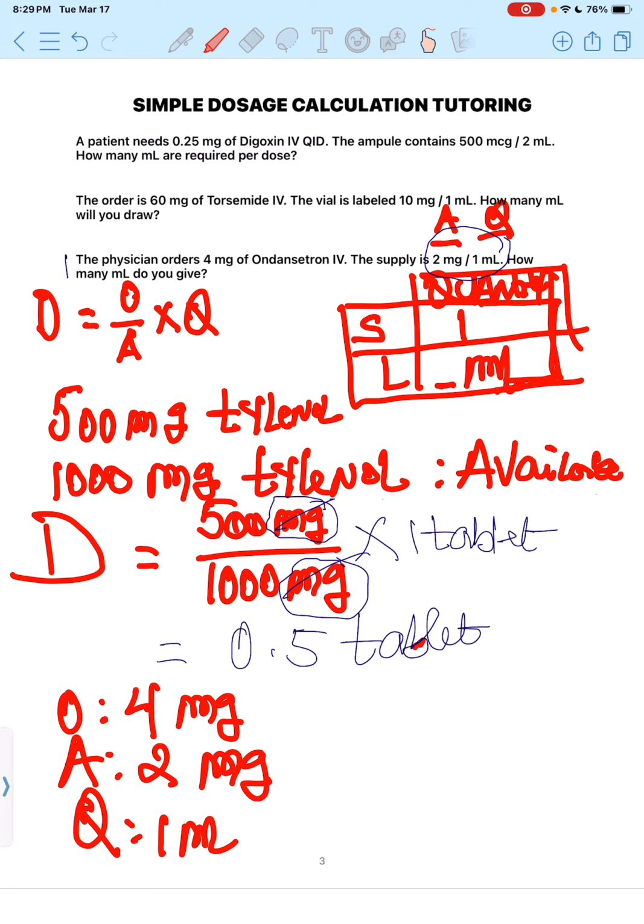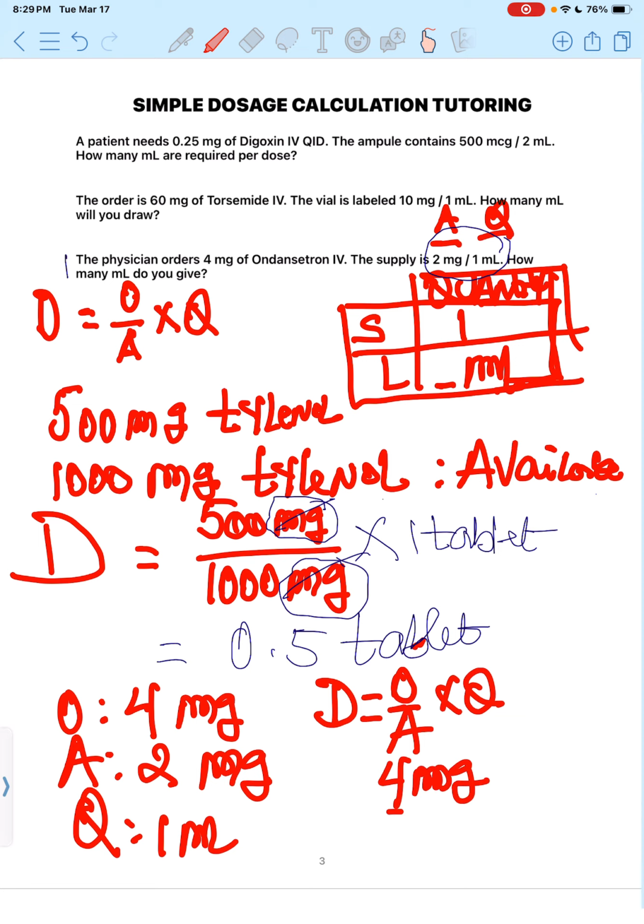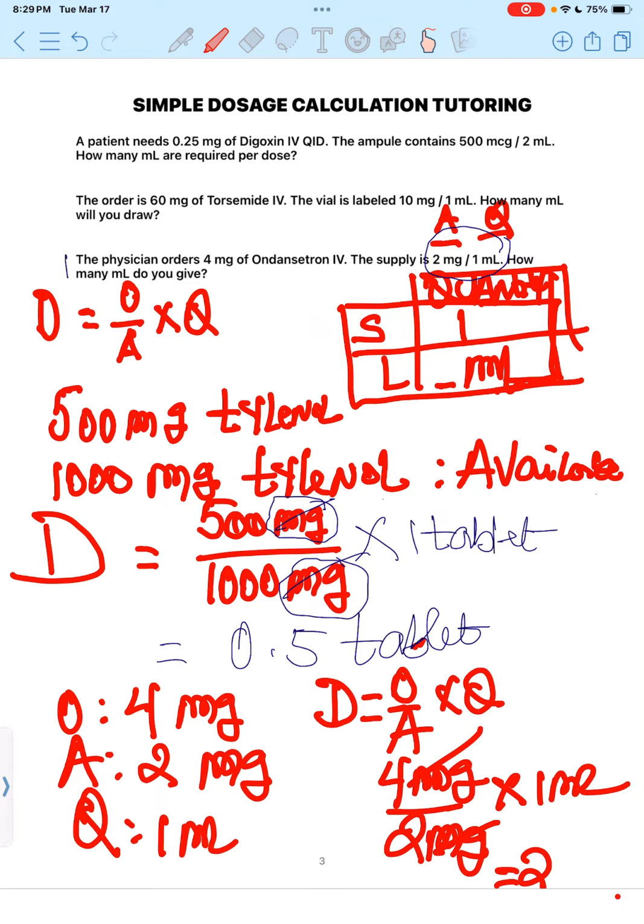So based on what we learned, your order divided by available times quantity. So we're going to do 4 milligram over 2 milligram, multiply that by 1 milliliter. So this milligram will cancel out. 4 divided by 2, so here we're going to have 2 milliliter.